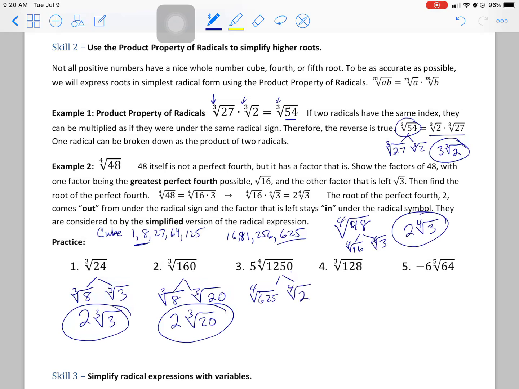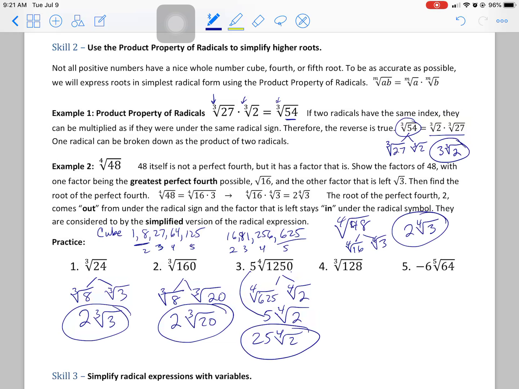We're good. Okay, so this is the fourth root of what? It's the perfect fourth root of 625, which is 5. So this is a 5, fourth root of 2. Oh, don't forget that 5. So 5 fourth root of 2. Okay?